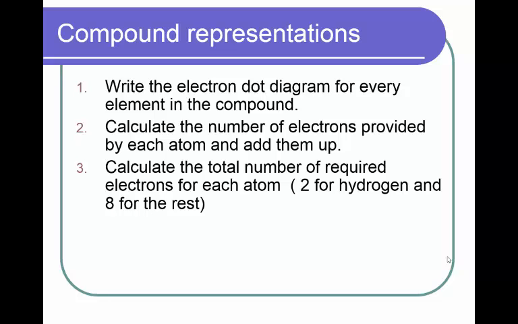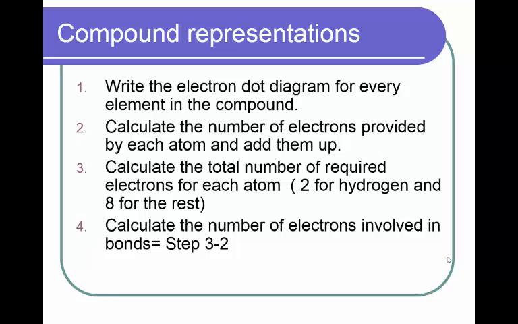Once you do that, we move on to step number 4, where you calculate the number of electrons involved in bonds. What you do here is subtract the provided electrons from the required electrons. Okay, so that's step number 3 minus step number 2.